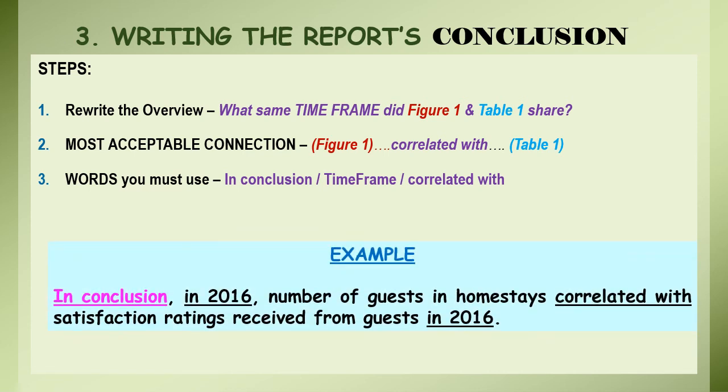For example, in conclusion, in 2016, number of guests in homestays correlated with satisfaction ratings received from guests in 2016. As you can see, here I have replaced the word generally in the overview with the phrase in conclusion. Quite simple, isn't it?